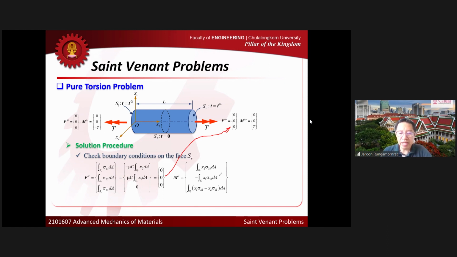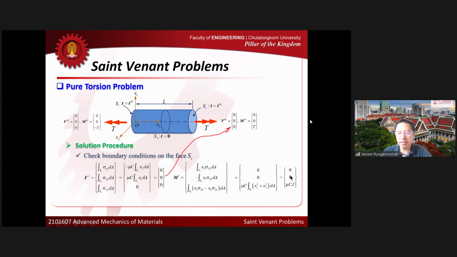For the net moment, I compute the net moments from the stress, and this will finally result in this. So you can see that the net moment, the third component, or the torque generated by the stress field, is non-zero.